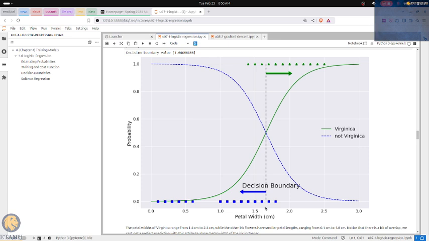If I moved it this way, I could get all of the Virginicas correct at the cost of having more of these misclassified as Virginicas when they're not. The decision boundary ends up here because it does minimize the cost. So we only end up with 5 misclassifications. There's probably more, we're not showing everything in the data set here, but there's 2 misclassified here, and 3 up here.